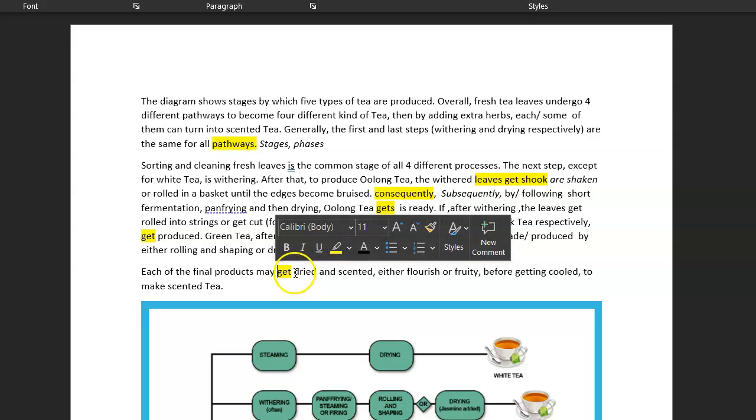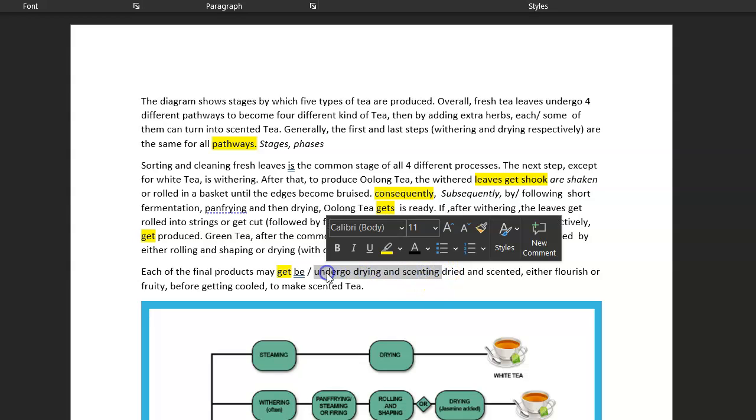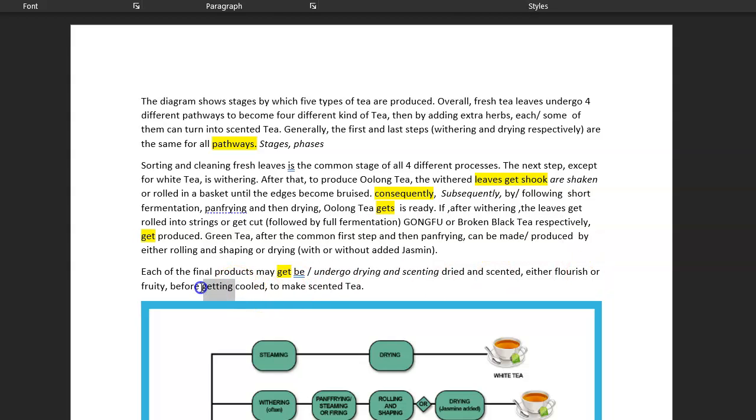Instead of just having the passive here, so may be would be your passive, or maybe you could have may undergo, and then you have drying and scenting. You could do it that way, which just provides you with a bit of variety. Either drying and scented, either before becoming cooled. So you'd want becoming cooled to make scented tea.